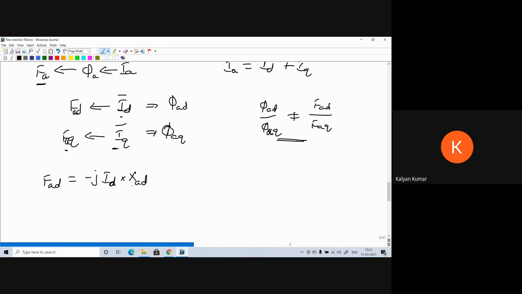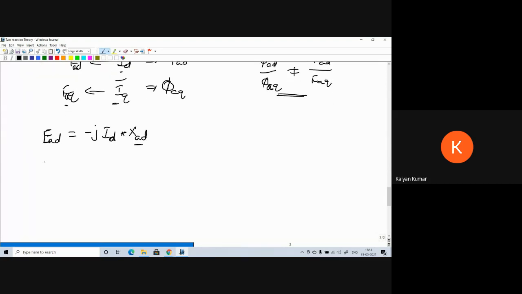Here we are using a fictitious reactance XAD to represent the armature reaction drop due to FAD along the direct axis. Therefore, this EAD, armature reaction drop along the d axis, can be represented as minus j Id XAD. So this minus indicates voltage drop. Similarly, EAQ equal to minus j Iq into XAQ.